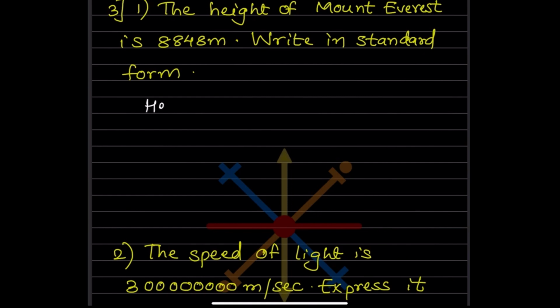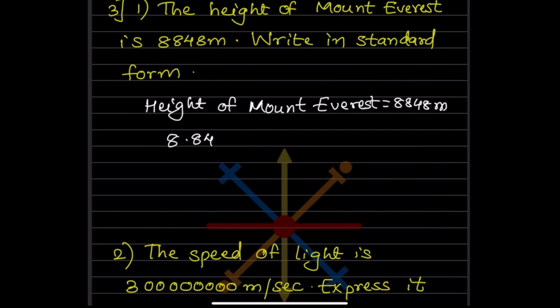So we are going to put this number as, first we'll write here height of Mount Everest, that is 8848 meter. So now what will you do here? This will convert into standard form: you will write 8.848. So you are putting a point over here. After that we have 3 numbers. So what are you going to do?